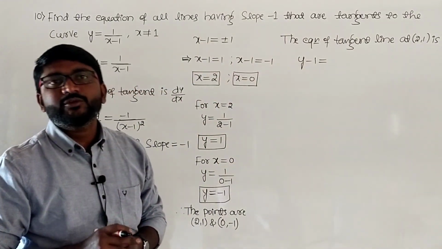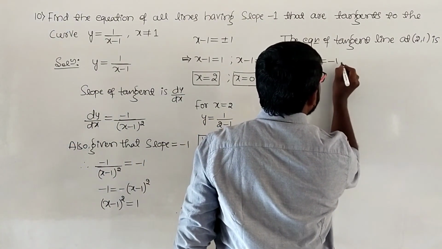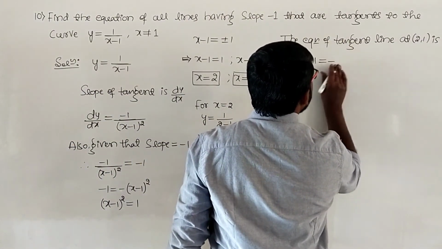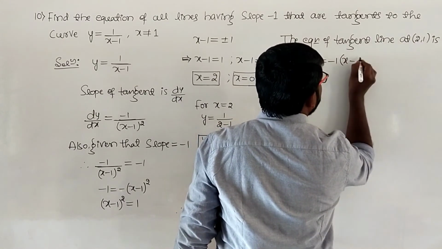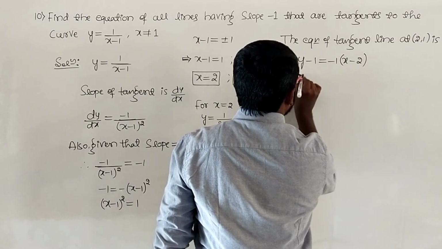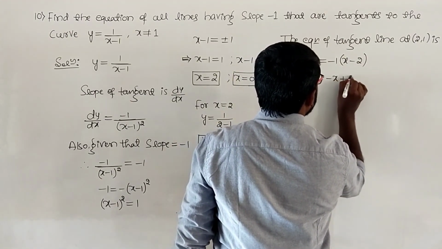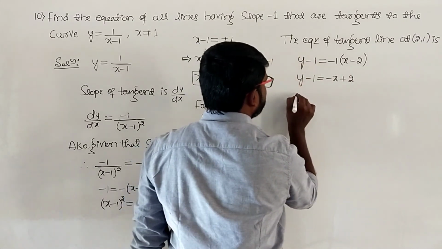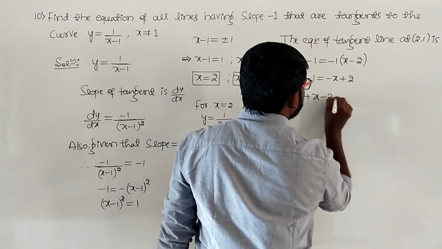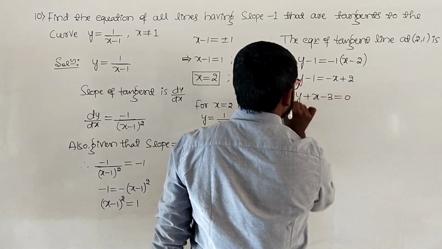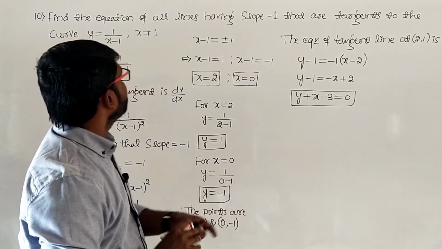F dash of x naught is going to be slope. The slope is minus 1 here. It is minus 1 and then into x minus x naught. X naught value it is 2. So y minus 1 which is equals to minus x plus 2. Now take these two to the LHS, you get y plus x and then minus 3 which is equals to 0. This is the equation of the tangent.